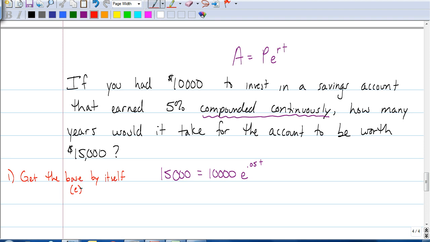We want to get that e by itself. Once we do that, the second step is to write it in logarithm form. Or in this case, since we're dealing with e, it's going to be written as a natural log. And the last step is just to solve it.